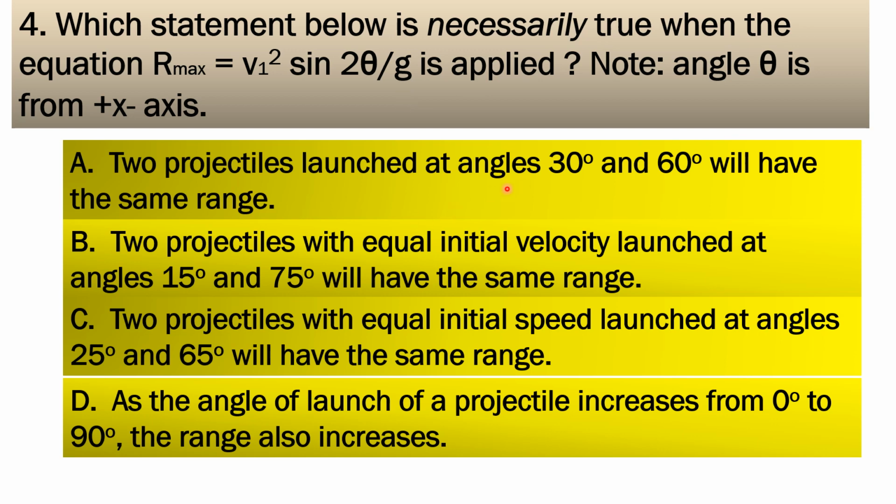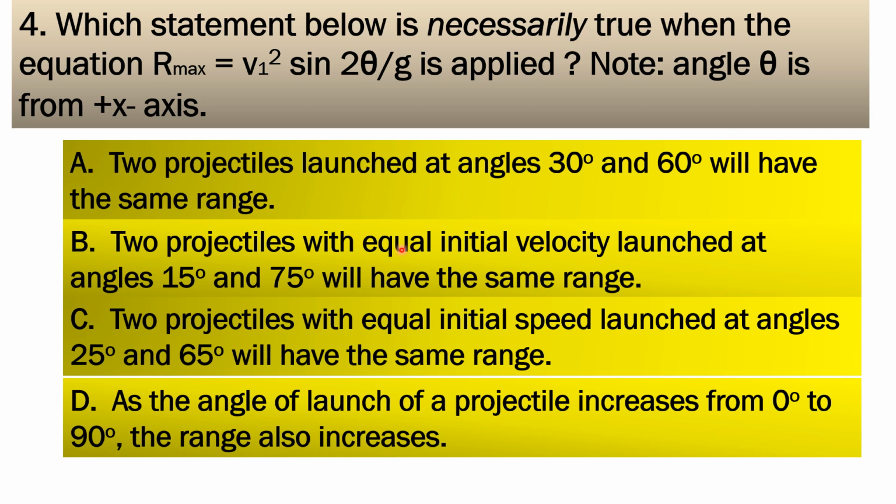That's in letter A. The two angles mentioned are 30 degrees and 60 degrees. So it says two projectiles launched at angles 30 and 60 will have the same range. That's the way it is stated. No mention about the initial speed. It just mentioned the angles 30 and 60.